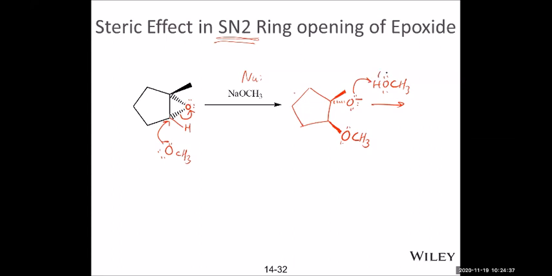This bond breaks and finally gives us the diol. Oh, that should be dash. And the methoxide coming from the nucleophile is here. So we have only one product. This should be the major product.